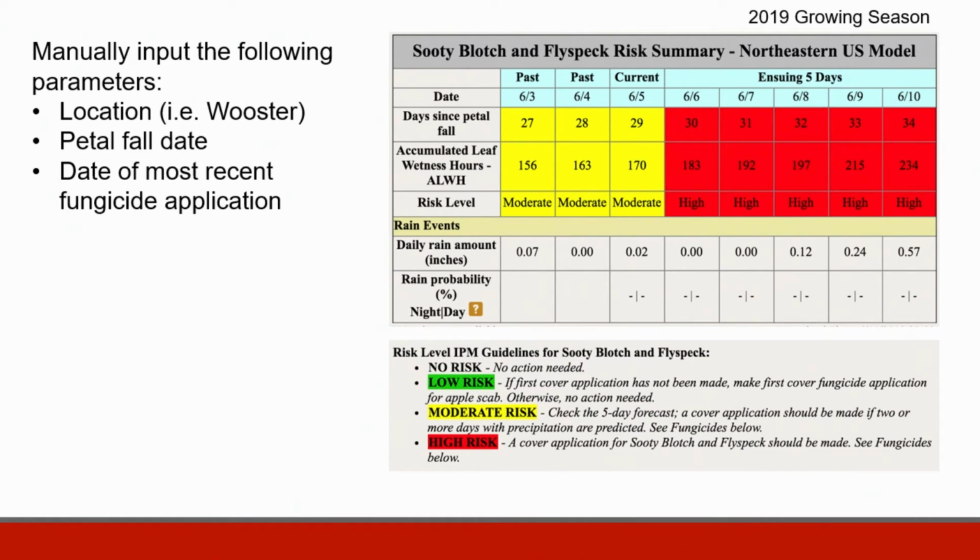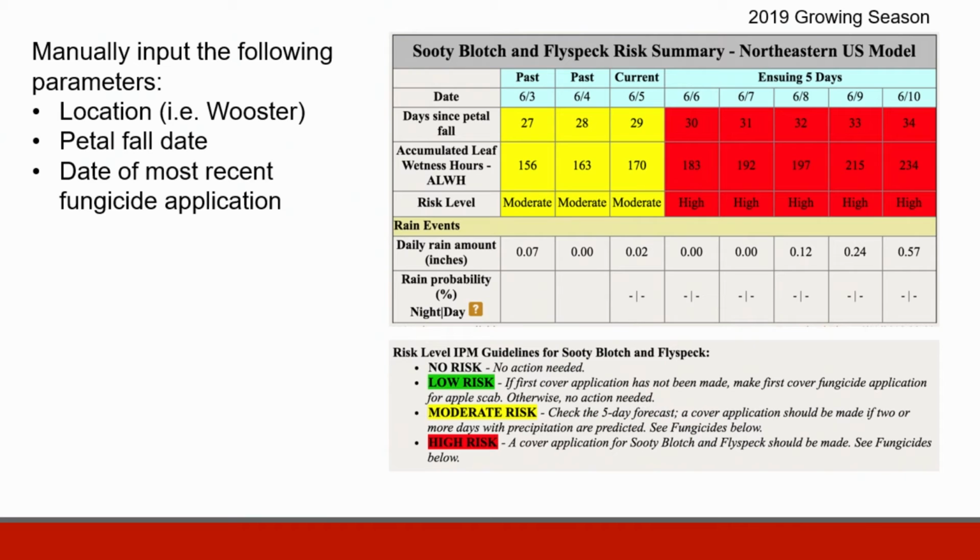If LWD of greater than 175 is predicted, and rain is also predicted in this 3 to 5 day period, a grower should consider making a fungicide application as soon as possible. So that's the case with this prediction here, is that 3 to 5 days out will be at or over 175 LWD.